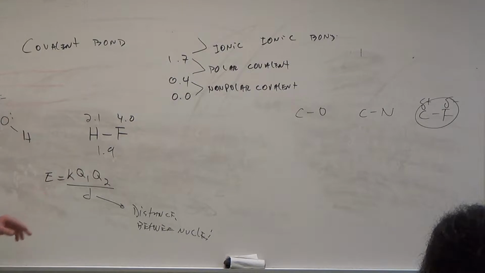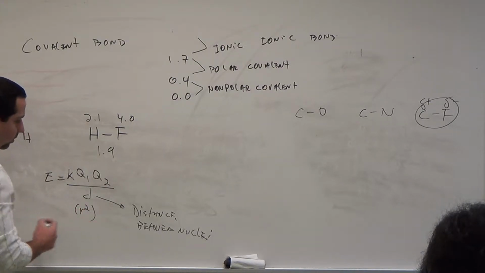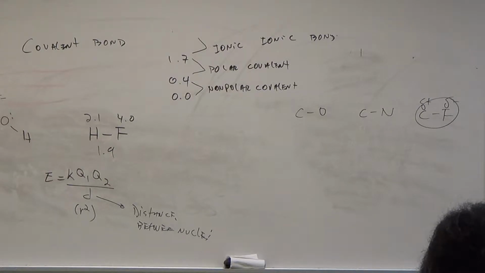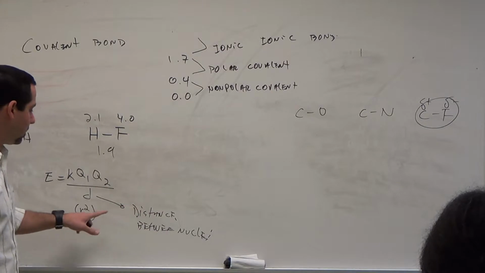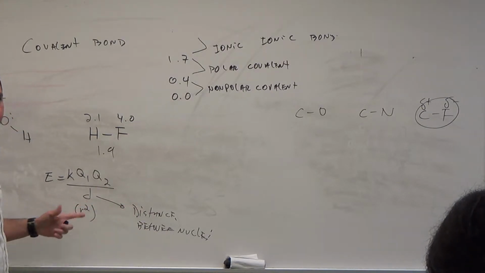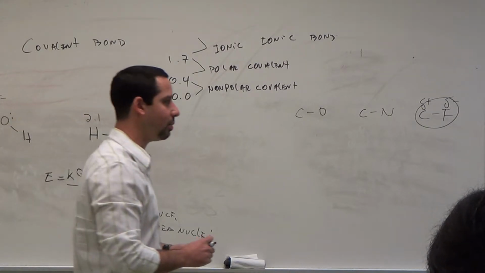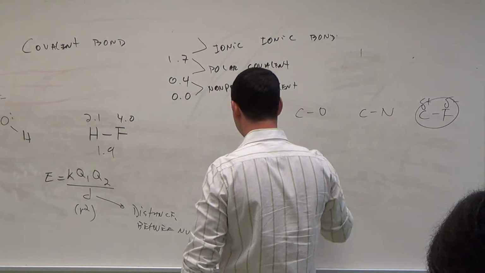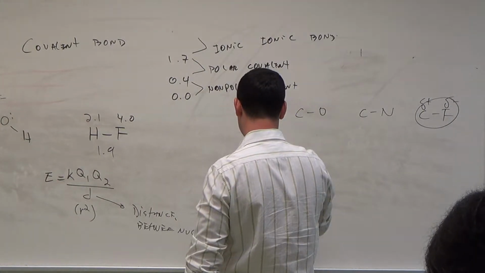The equation normally will be r squared, okay? But if one element is a different size from the other, that's why they put D here, because it's the distance between the two elements.